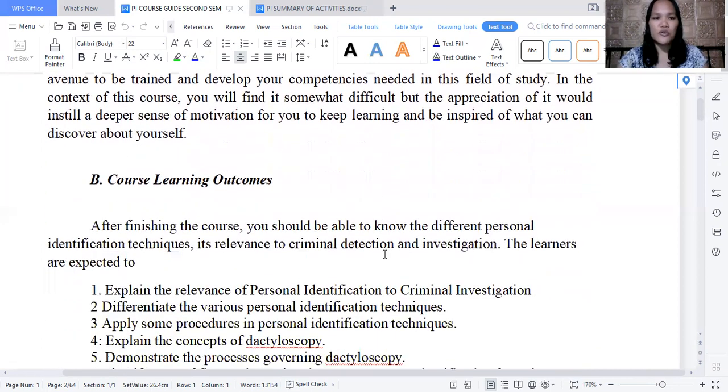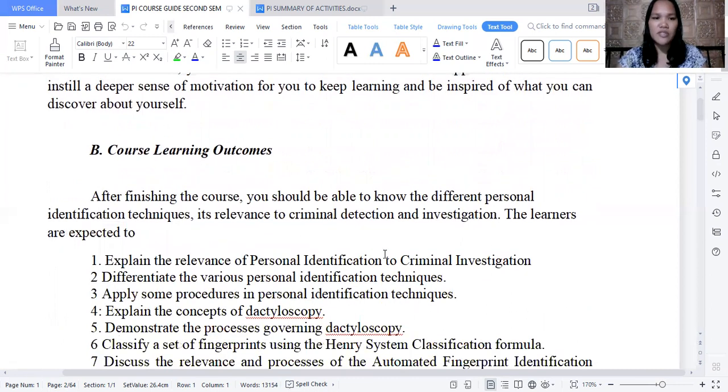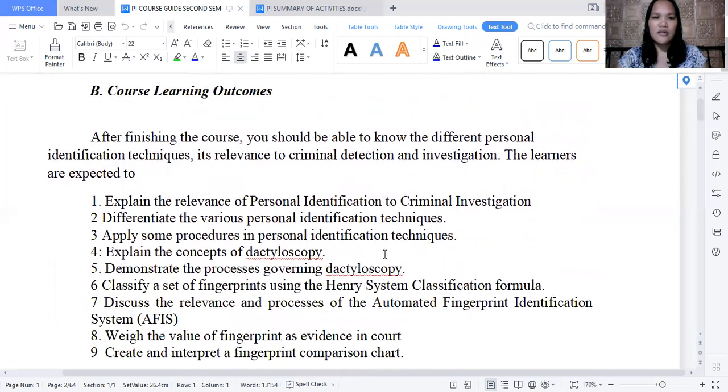I will also be introducing to you the course learning outcomes. For the duration of this semester, you should be able to know the different personal identification techniques and their relevance to criminal detection and investigation. The learners are expected to explain the relevance of personal identification to criminal investigation, differentiate the various personal identification techniques, and apply some procedures.